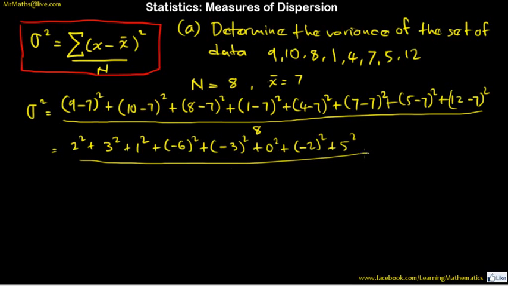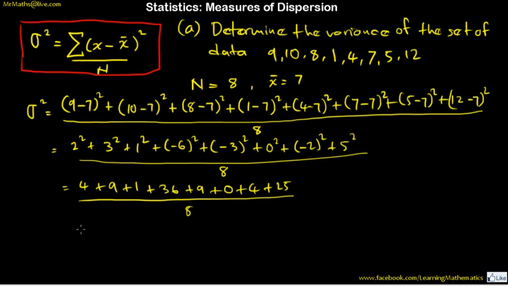Okay, everything divided by 8. So this is 4 plus 9 plus 1 plus 36 plus 9 plus 0 plus 4 plus 25, everything divided by 8. So let's use the calculator.